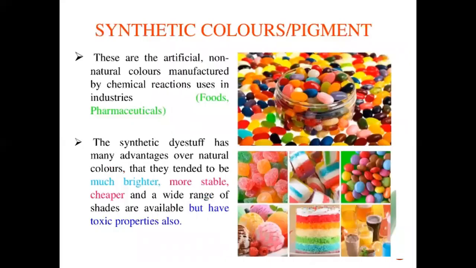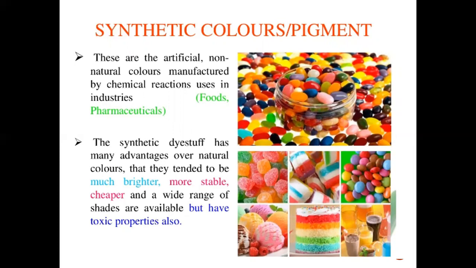Then synthetic colors are those colors which are manufactured in chemical reactions, like synthetic dye stuffs. The benefit of synthetic color is that it is extremely bright. It is more stable. There is no problem if heat, alkali, or acid is added, because it is very stable, and it's very cheap also because a bulk quantity can be produced, unlike saffron, which is extremely expensive, right?